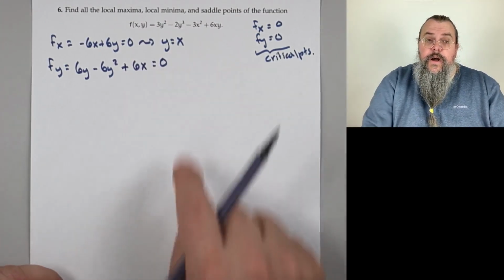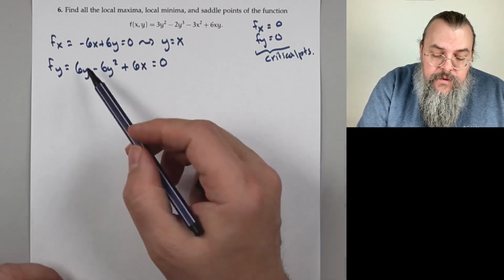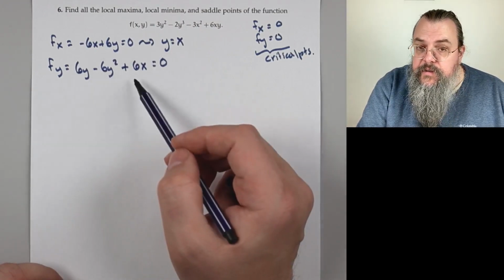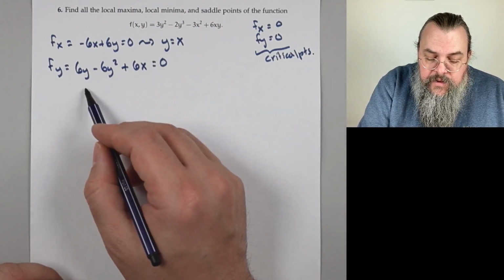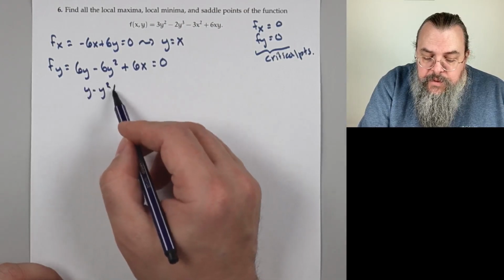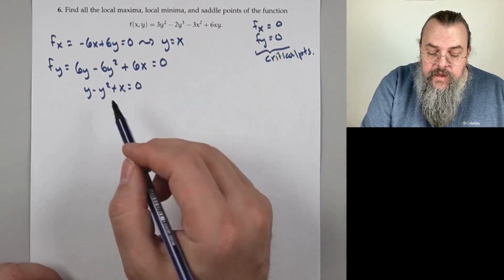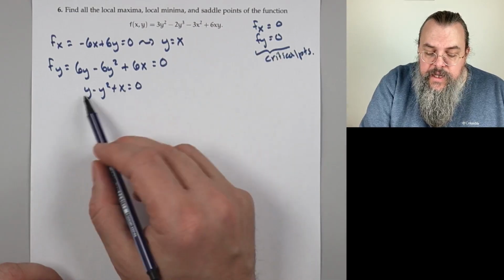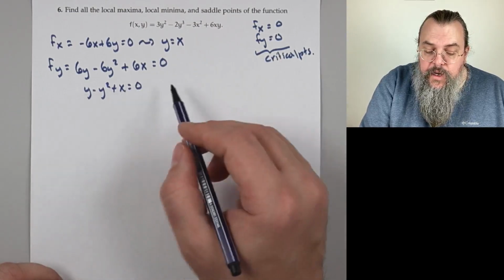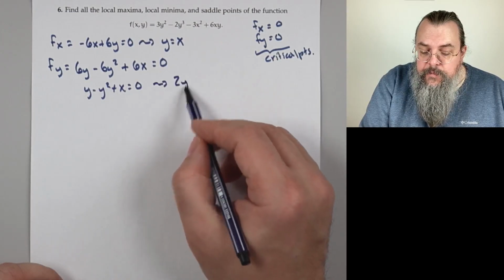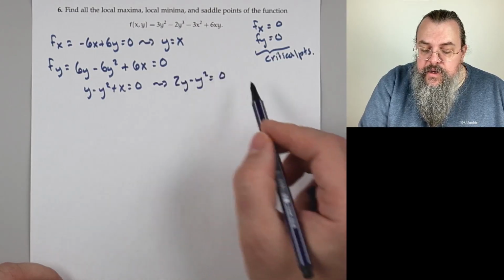But we know that y equals x. So one thing we can do is divide everything by 6. And we say, okay, well that says y minus y squared plus x equals 0. Replace x by y, and you say, oh, y and x really becomes 2y. So 2y minus y squared equals 0.